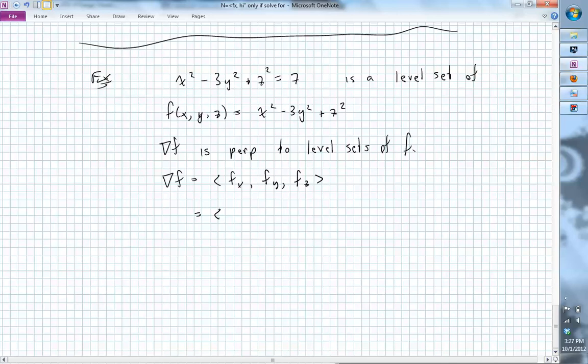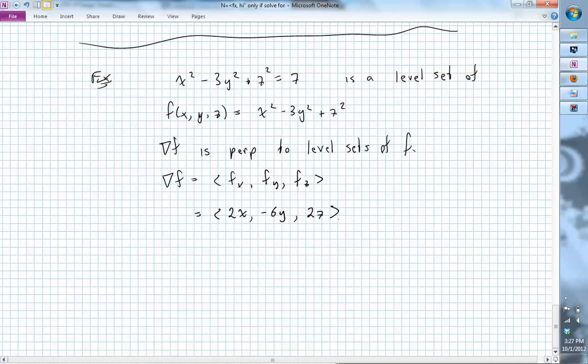Now, we're not interested in this guy quite yet. We're interested in this guy. The partial of that with respect to x is just 2x. With respect to y, and with respect to z. Now, this is the gradient function for just some generic point in space.